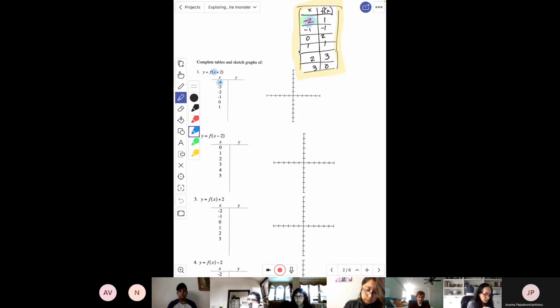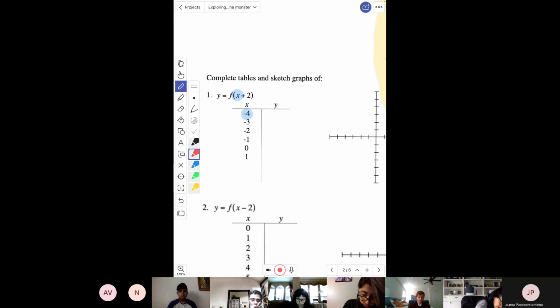So what I'm really doing is I want to evaluate f at x plus 2. In this case, x is -4. Do you see that? I'm just evaluating this function at this x value. So I'm just taking -4 and substituting in for x.